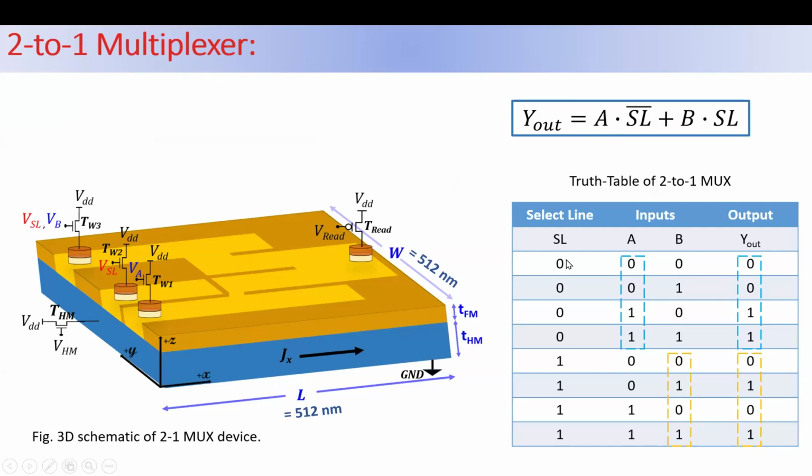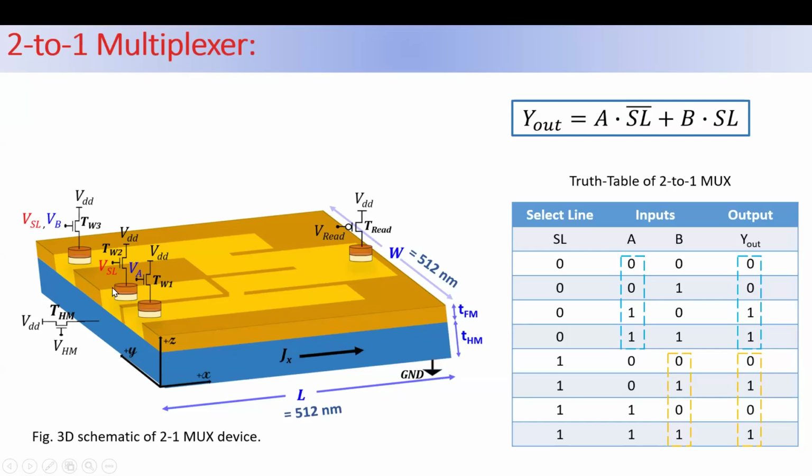So if the select line is 0, then the output follows the input A. And if the select line is 1, then the output follows the input B. Here the input B is provided at this position from the MTJ by voltage VB, and input A is provided at this position by this MTJ by using voltage VA.